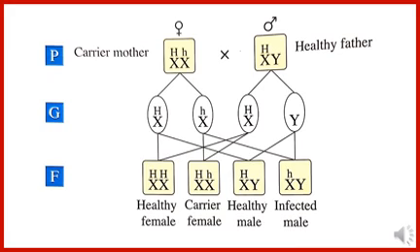If the X that carries H capital from the female is crossed with the Y of the male, we will have a healthy male. But if the gamete of the female that carries X with H small is crossed with the Y, here we will have a boy, an infected male with hemophilia.